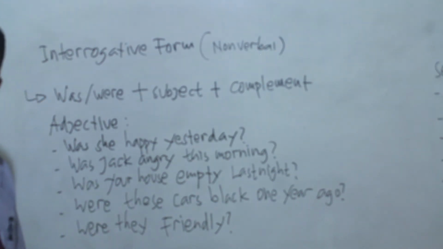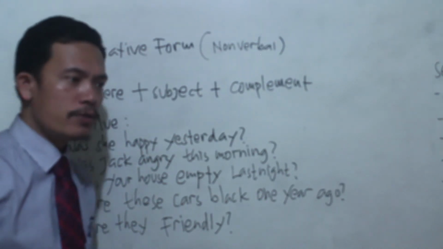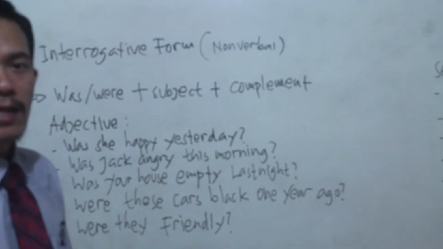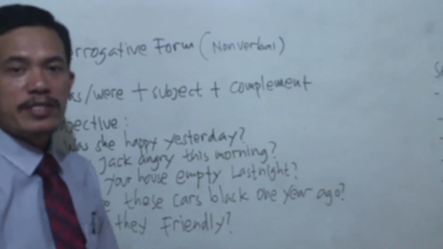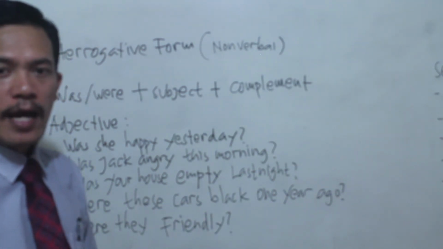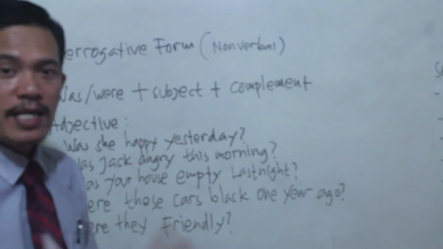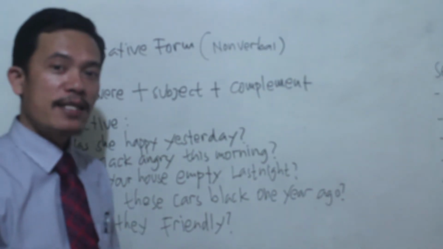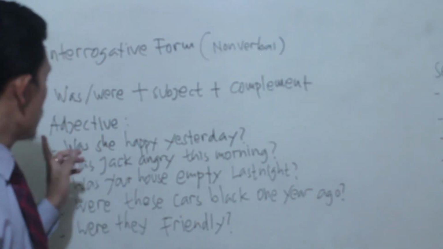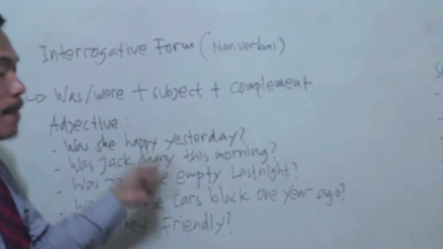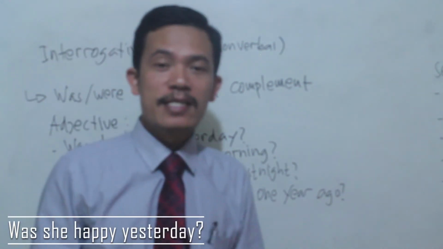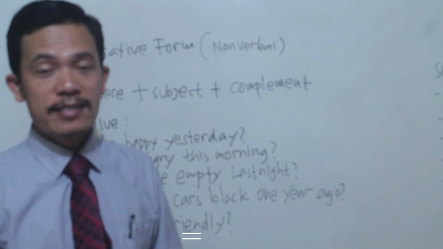Well, we need to answer these questions when someone asks you a question using simple past tense as non-verbal. We have to be able to answer in a short way and in a longer way. When someone asks you, was she happy yesterday? In a short way, you can say yes, she was.